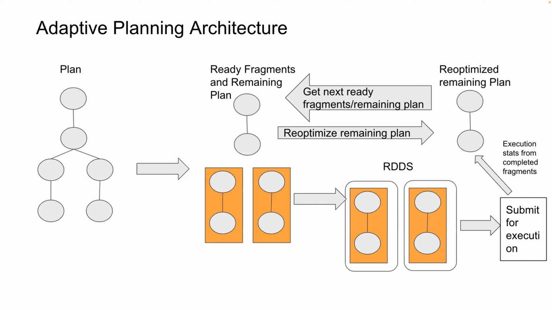So instead of using, during the initial planning time, the statistics that we use to make cost-based decisions are just from the statistics that we have on the table, and then we just make estimates after that. And so as you get farther up the plan, they become less accurate.